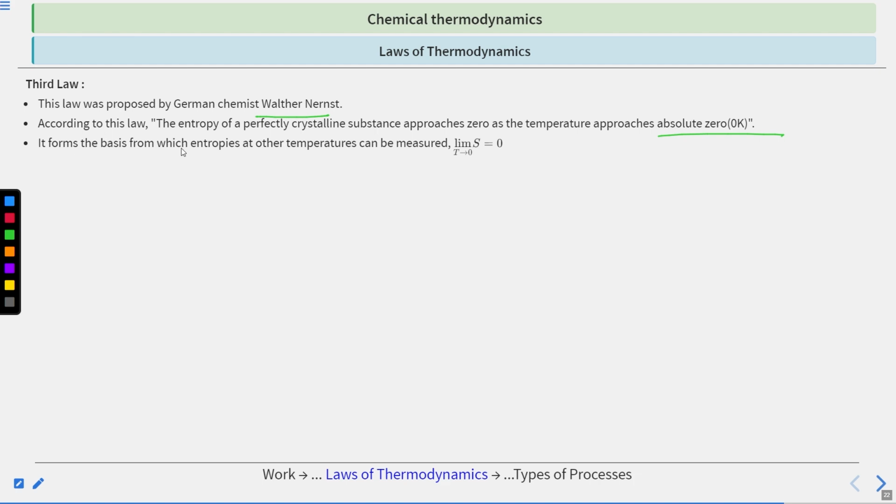It forms the basis from which entropies at other temperatures can be measured. So the limit as T goes to 0, S equals 0. As the temperature approaches absolute zero, the entropy of a perfect crystalline substance also approaches 0. This is the third law stated by Walther Nernst.